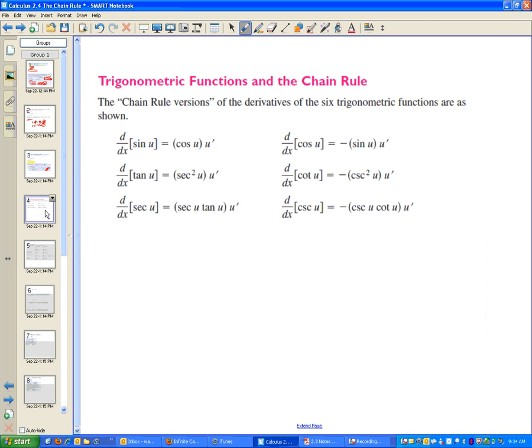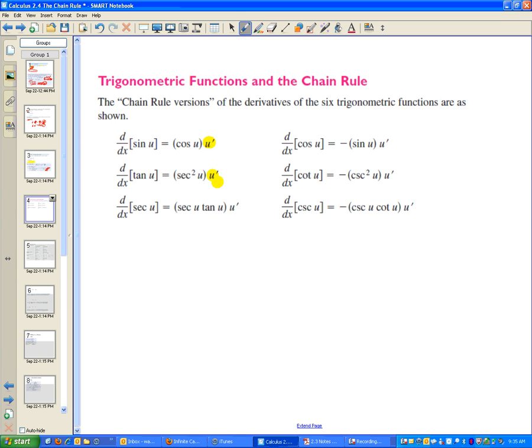Now, all of our trig functions have a chain rule version because it's not always going to be the sine of x or the cosine of x. It's going to be the sine of x cubed plus 7. Or it's going to be the sine of some horrible looking thing with quotients and products and all, you know, it's just not always going to be x. So the chain rule version, at the risk of repeating myself so often as to become a self-parody, look what's at the end of every one of these.